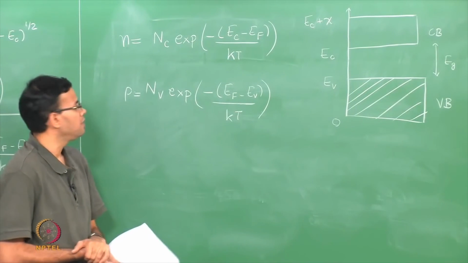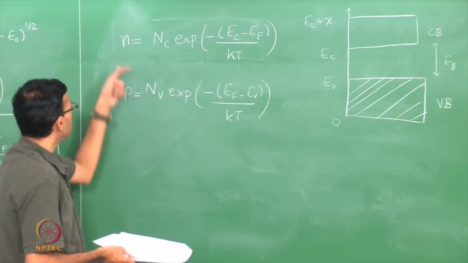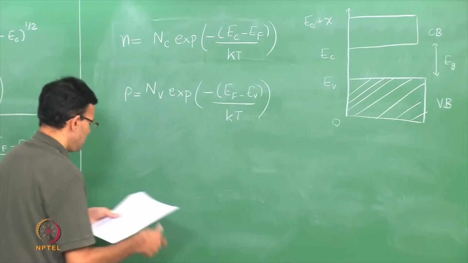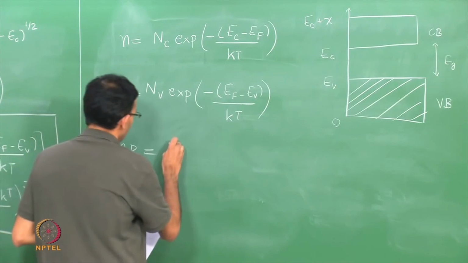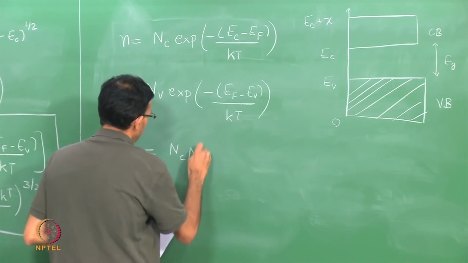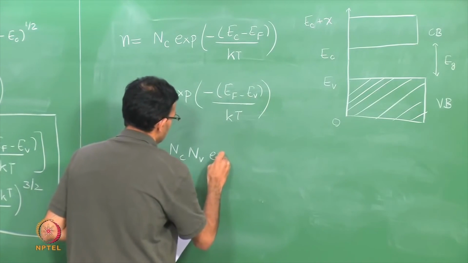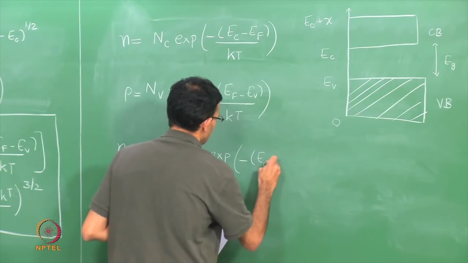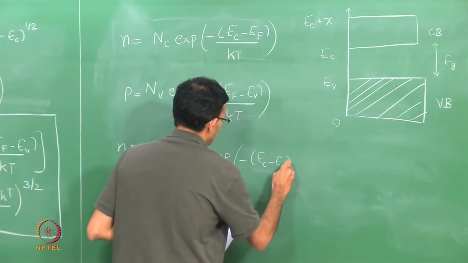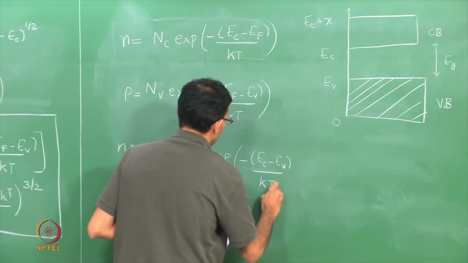So, let us go ahead and eliminate EF by multiplying n and p together. If you do that, np will be Nc Nv exponential minus Ec minus Ev over kT.